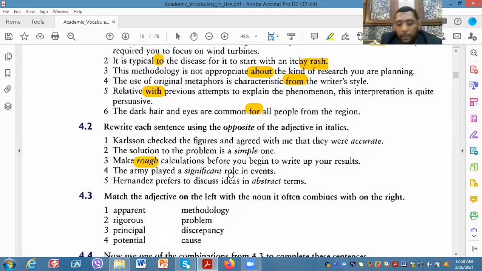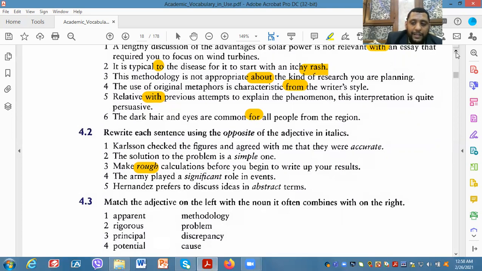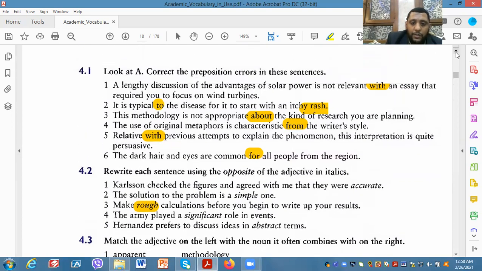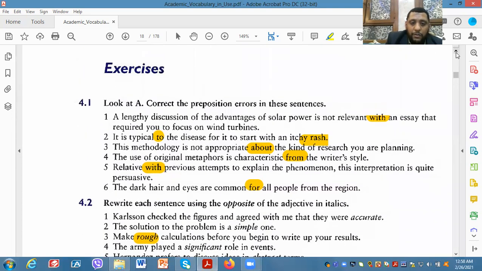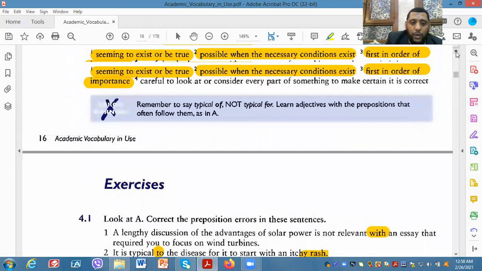Okay, so what do you think about the word rough here? How can this word be replaced with the opposite? What is the opposite of rough? Precise. I guess precise. Rough is like tough, so almost the same meaning.